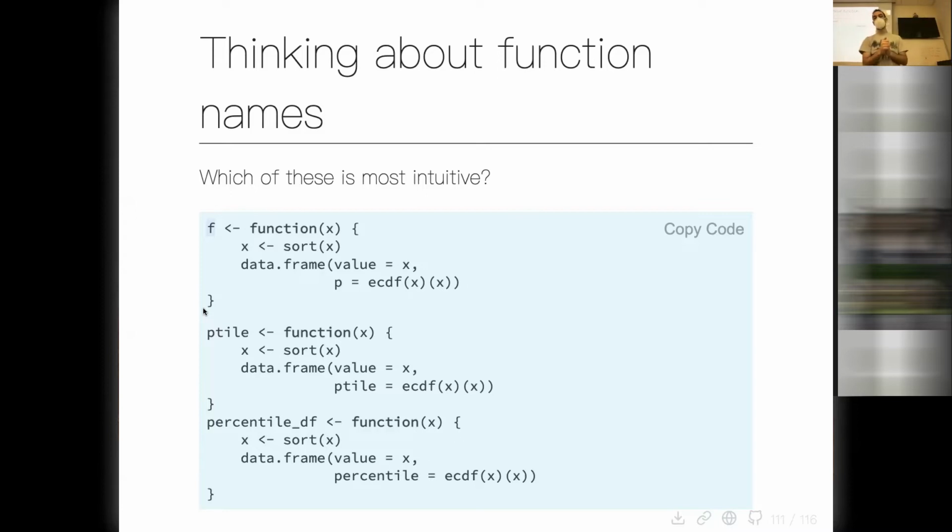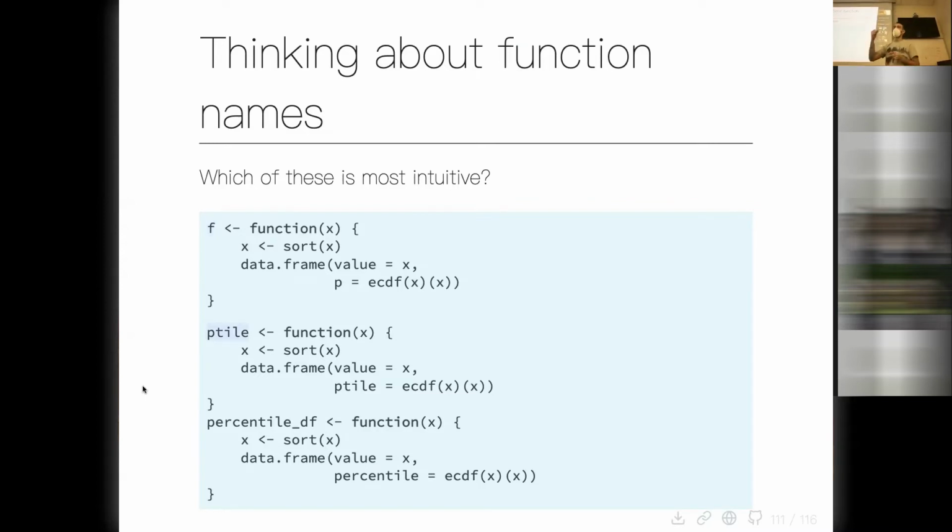The problem is if you come back even a couple weeks later, you're not going to have any idea what f is or what it does. And you're going to have to go through all of the code to figure out what it's doing. Better in this case would be to call it something like p-tile. Because that's what this is doing.